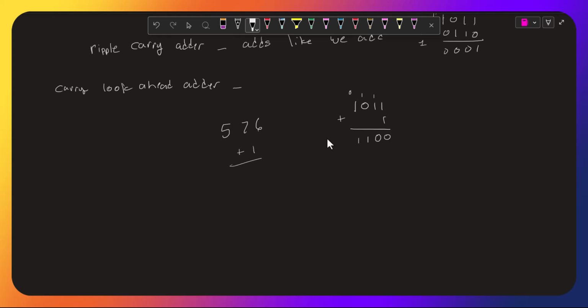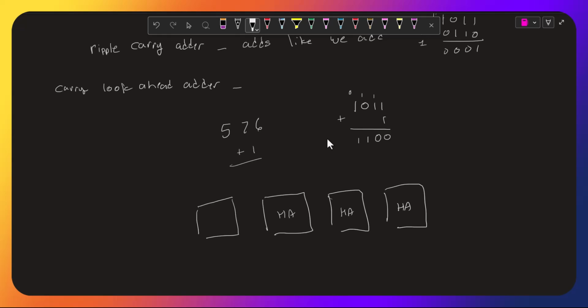So it seems that what I want to do is I'll have my 4 half adders, and each one is going to take 2 inputs. And my number is B3, B2, B1, B0.